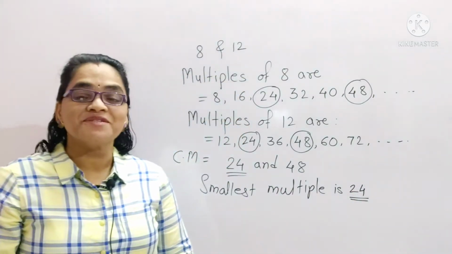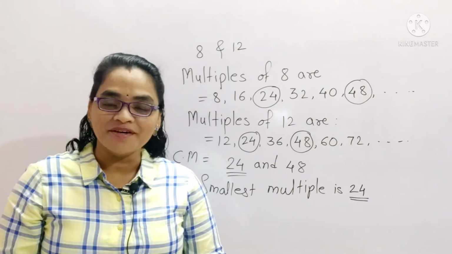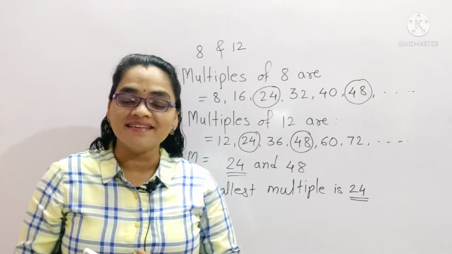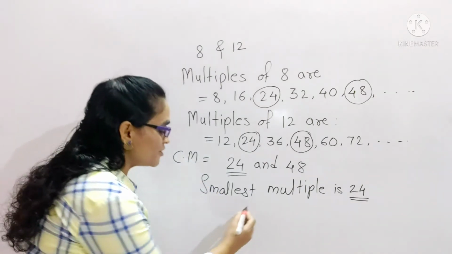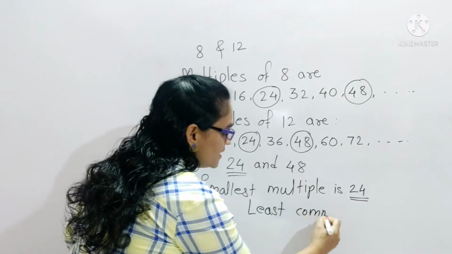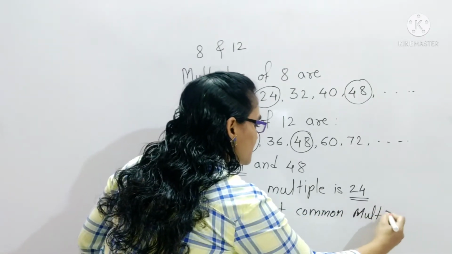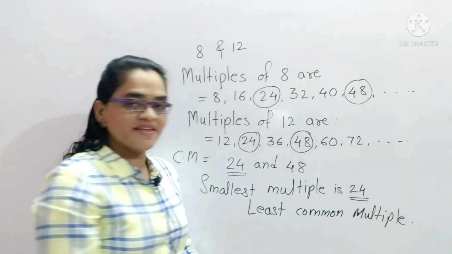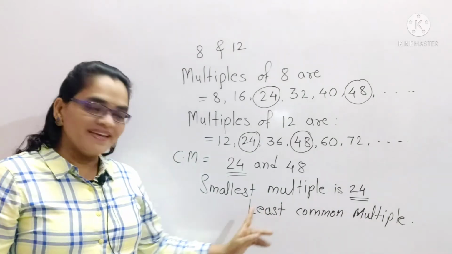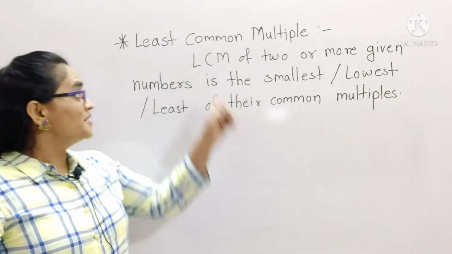And the smallest multiple of given two numbers or three numbers is nothing but the least common multiple, which means LCM. What is the LCM then?